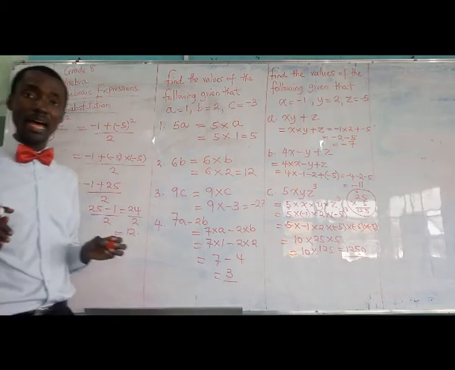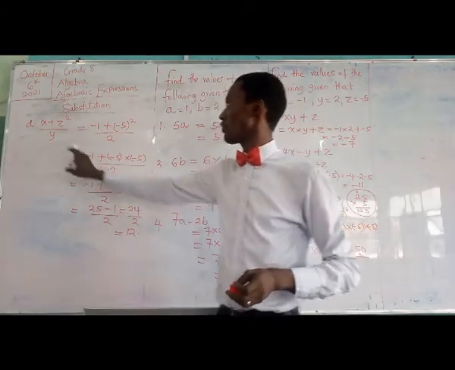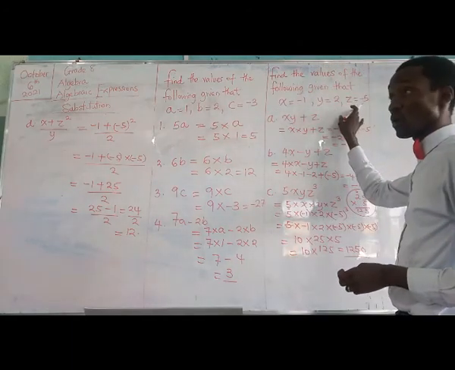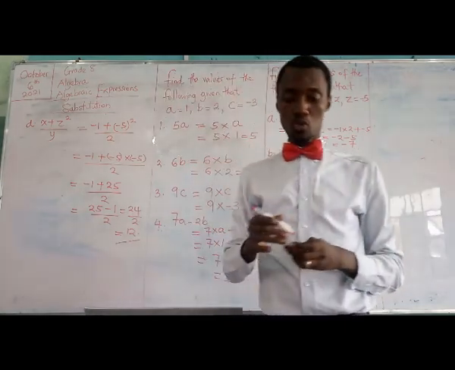And so by doing that, we discover that 24 divided by 2 gives us 12. So for this particular question, using these conditions or substitution, our answer becomes 12. Right?